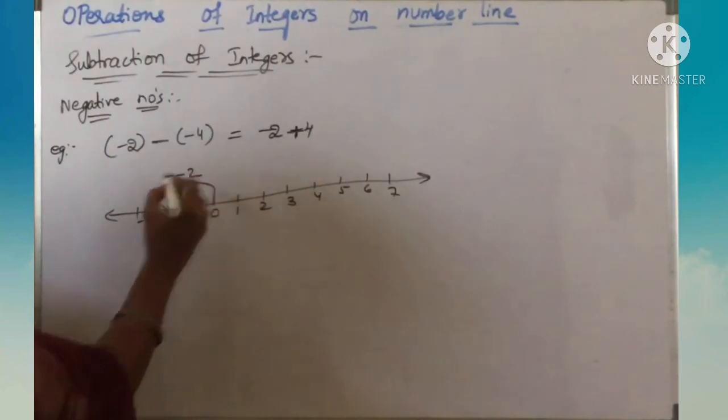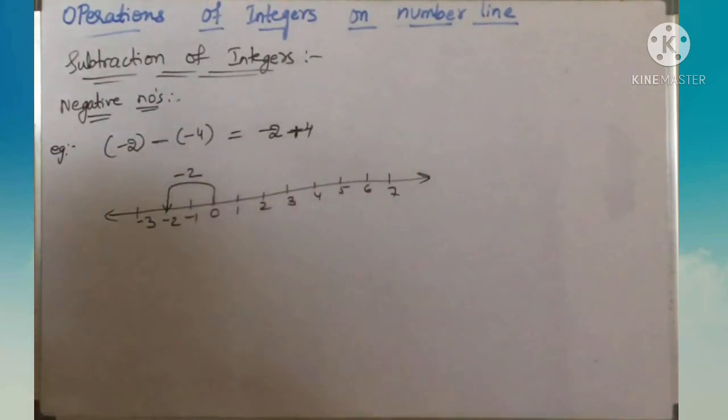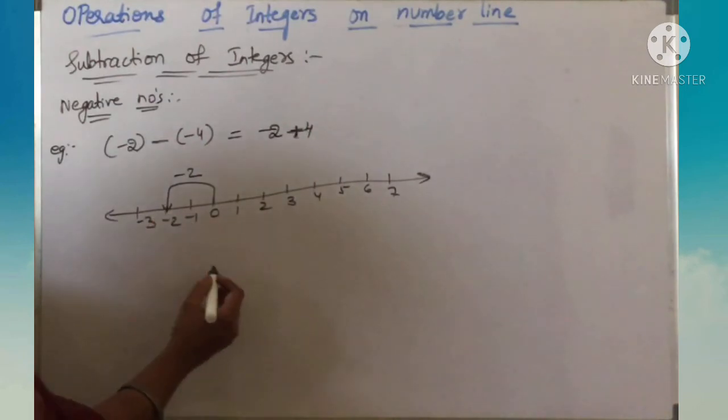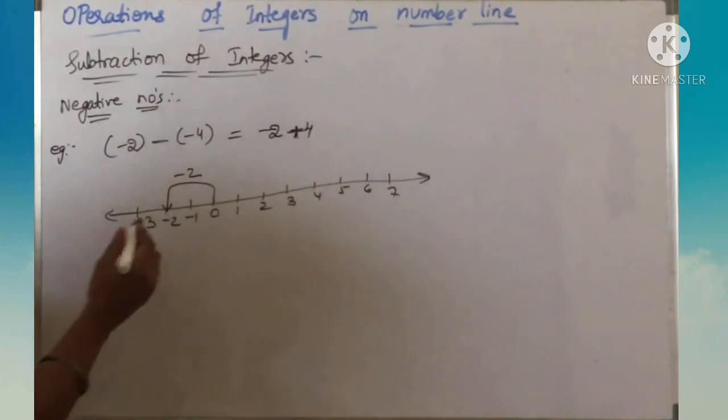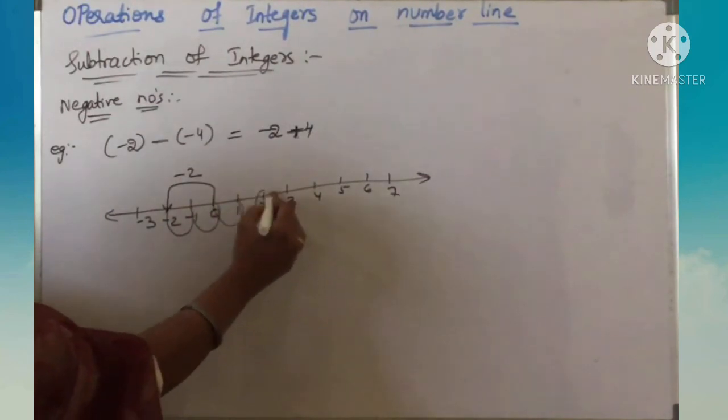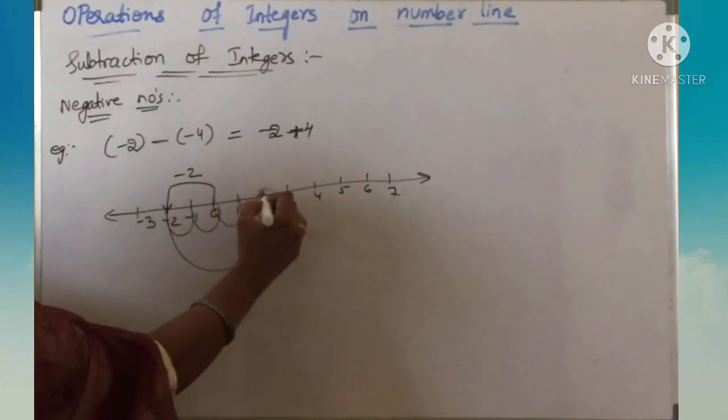This is minus 2. Next, plus 4. That's why I told you, when you subtract two negative numbers, you should move to the right side as far as the values of the second number. So, here 4 places we should move to right side. So, 1, 2, 3, 4. So, finally you will get the answer as 2.